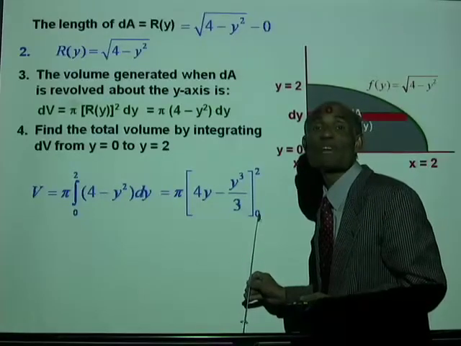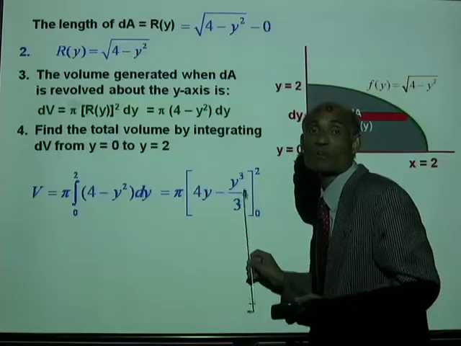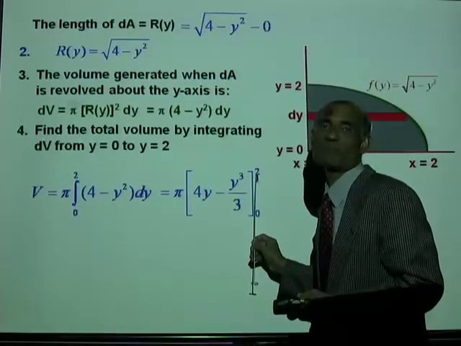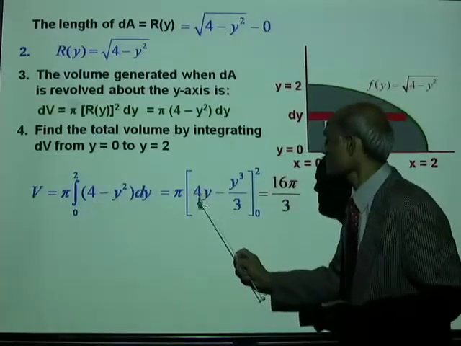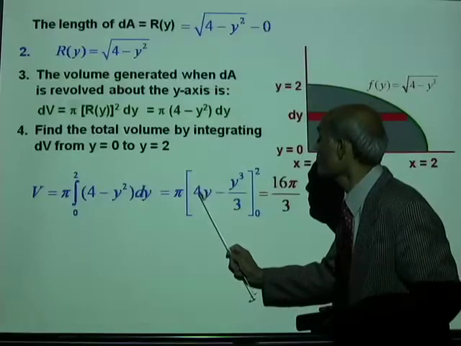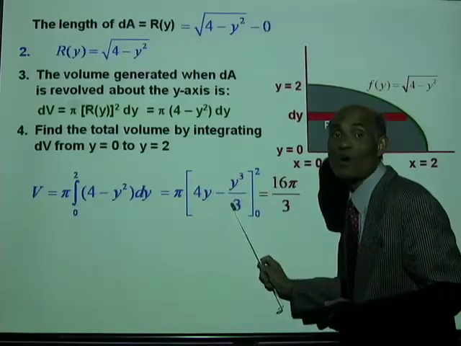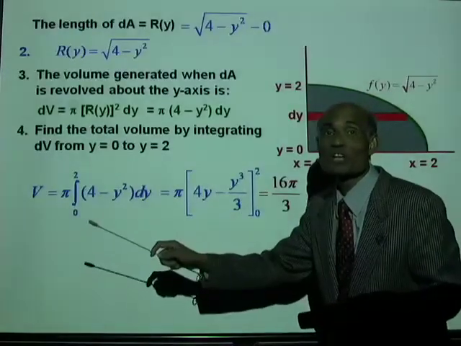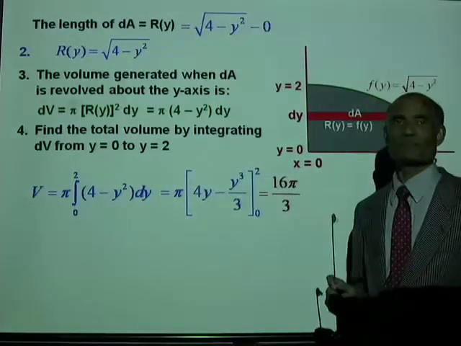Again, the lower limit will yield just 0, because when you replace y by 0, both these will become 0. So we need only take the upper limit. So that will be pi times 8 minus 8 over 3. That is 16 over 3, the same thing as we did earlier. So this will be 16 pi over 3.